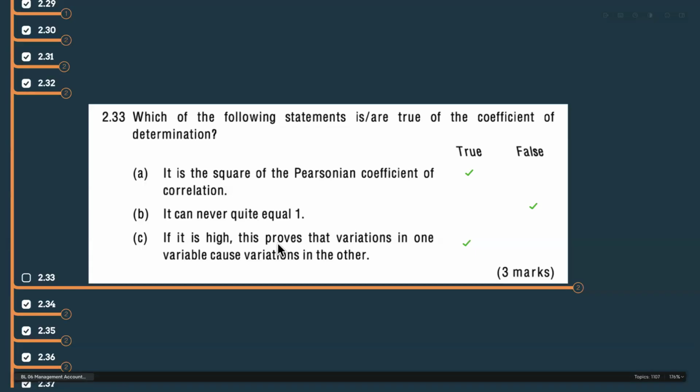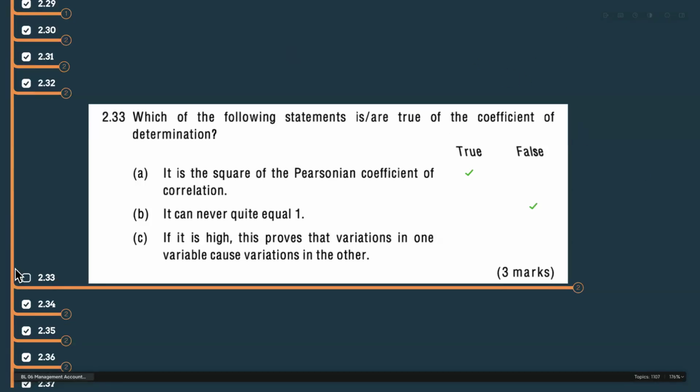The C, correlation: if it is high, this proves that variation in one variable causes variations in the other. No, we cannot tell like that. This is direct causation. When I'm teaching you, there is no direct causation in correlation.